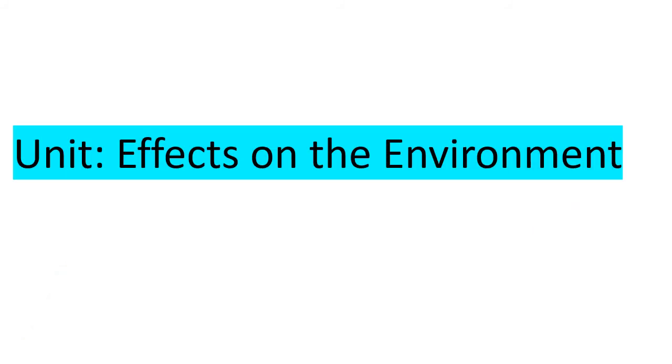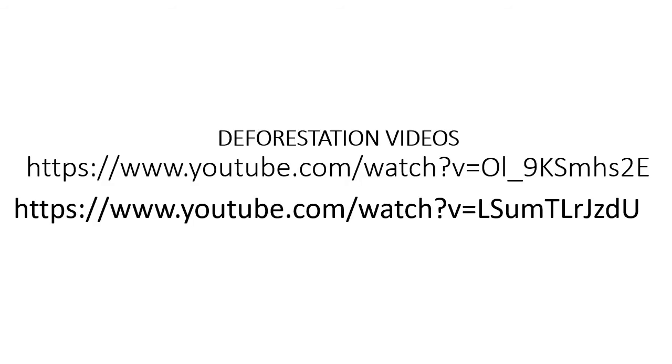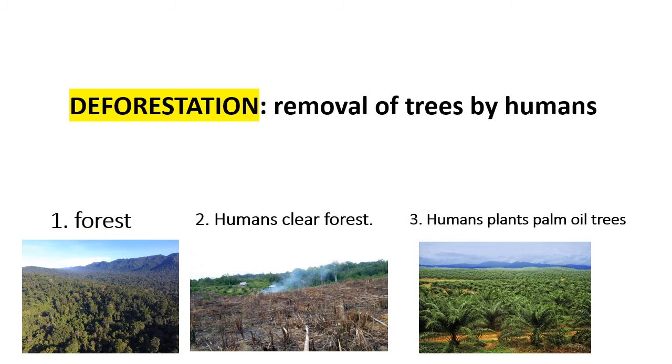Effects on the environment. So this is a grade 5 unit. Deforestation, we learned about that. You can watch videos on YouTube to help you remember. Deforestation is the removal of trees by humans. So we have a forest, for example. Humans clear the forest for some reason, and possibly humans plant palm oil trees.